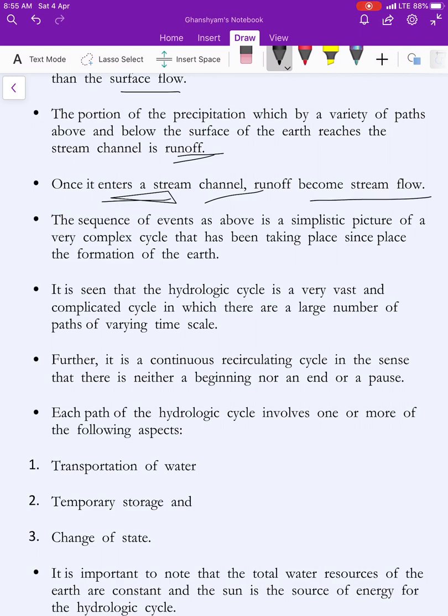The sequence of events above is a simplistic picture of a very complex cycle. This cycle seems very simple: evaporation, then condensation, then precipitation, then surface flow, then groundwater, then coming back to the ocean. But practically the cycle is very complex.